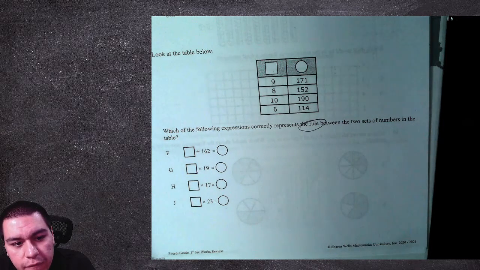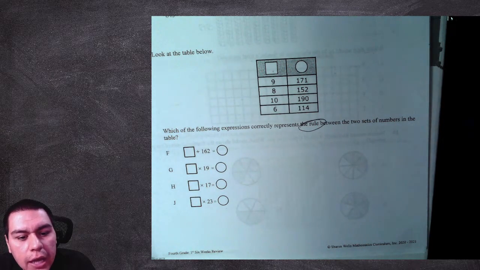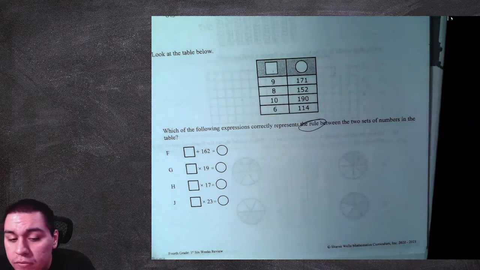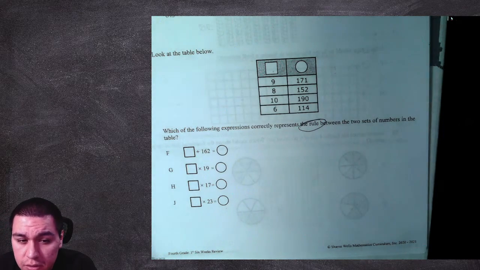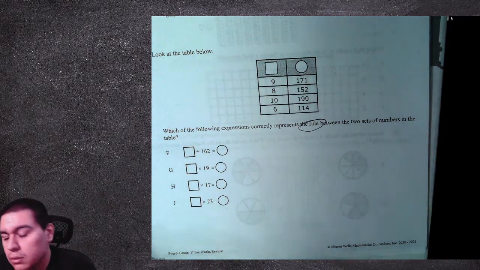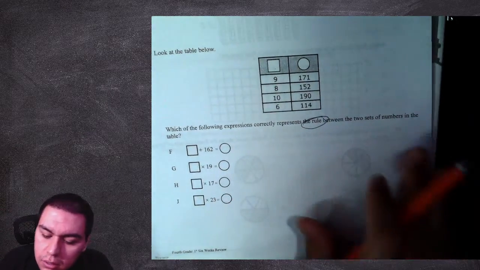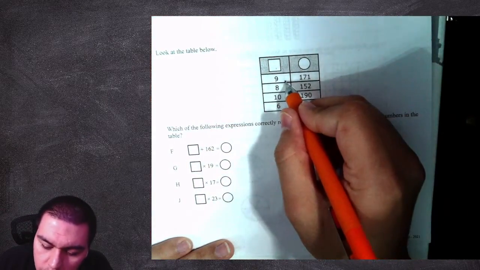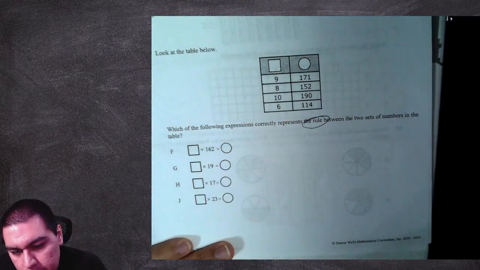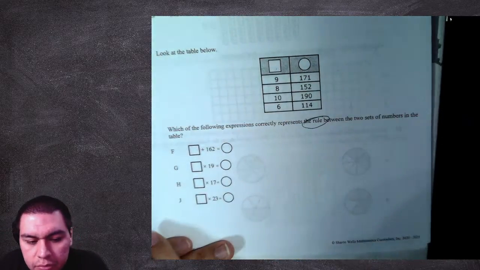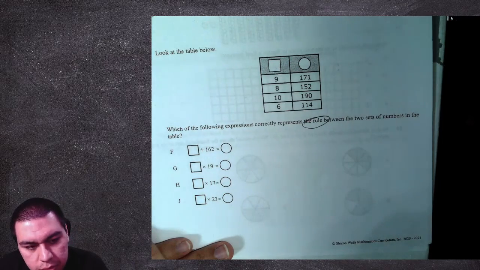Rules have to be fair. They have to work for everybody, not just some people. The same thing is true in math. Rules have to work for all of it, not just some of it. So whatever rule I decide, it needs to work with all of my numbers, not just some of my numbers.